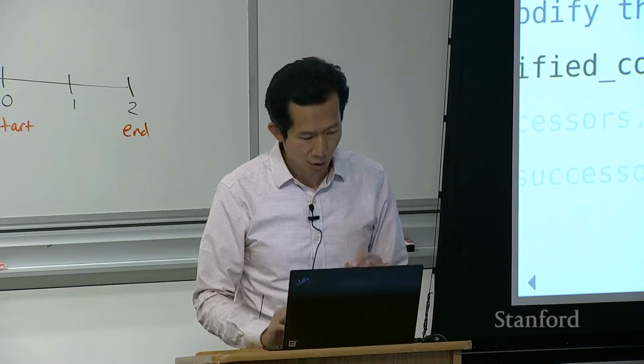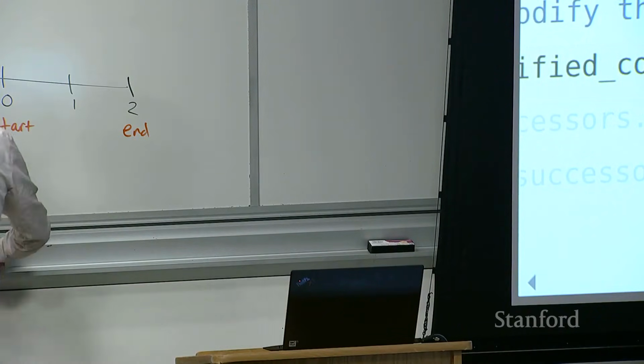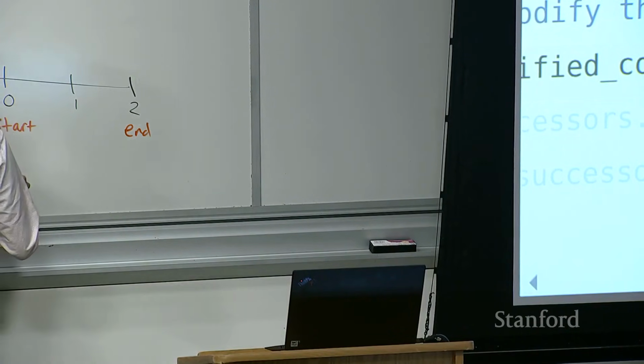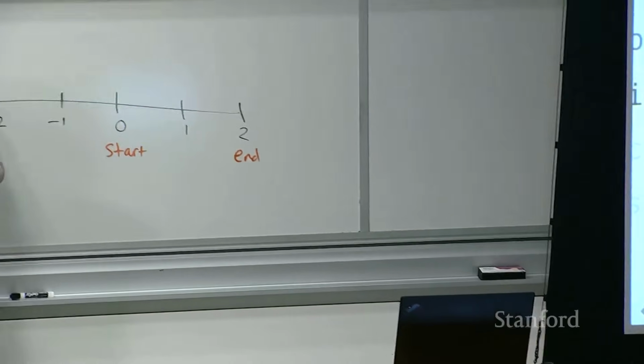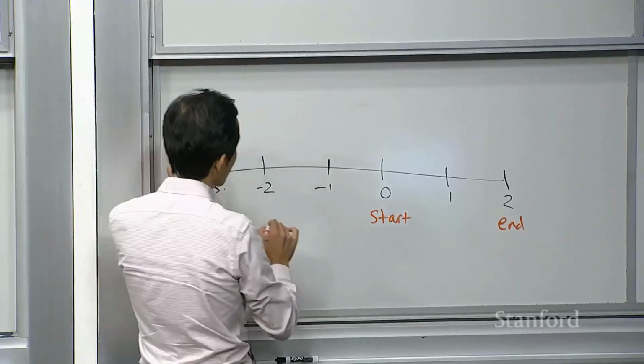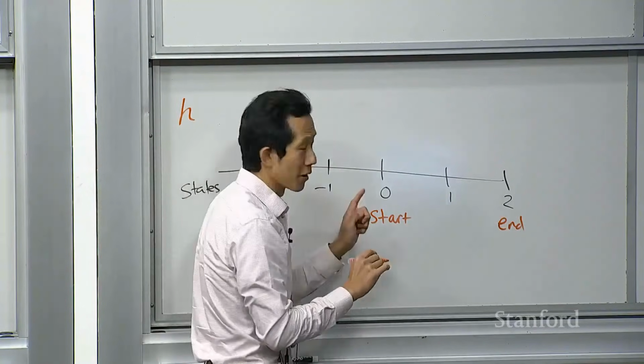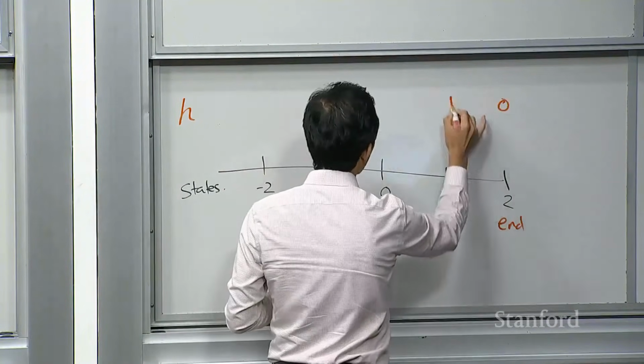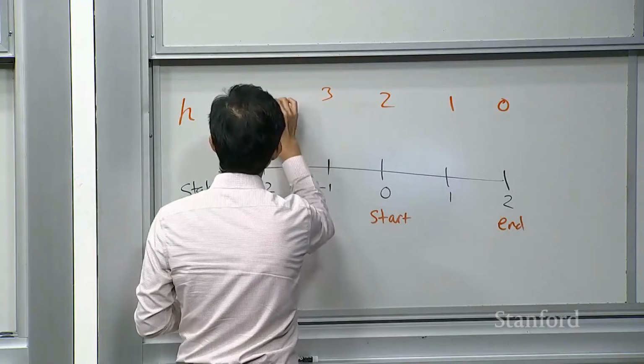Let me just do this as an example. Let me write H, which is the heuristic here. Remember, the heuristic values were 0, 1, 2, 3, 4, right?